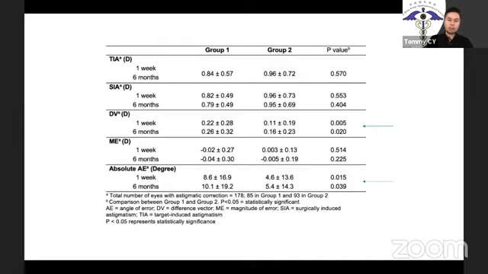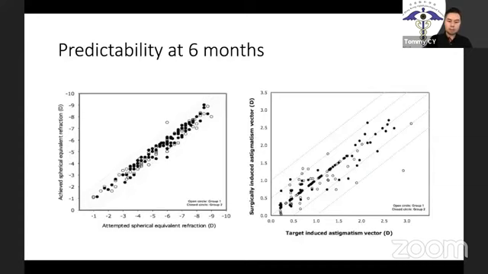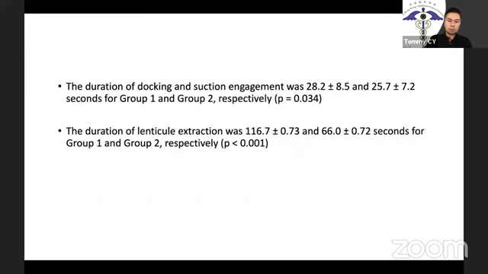So when we compare group 1 and group 2, the difference vector and the angle of error were significantly lower in group 2, which were the later 100 patients. This is the graph. The duration of docking and suction engagement was also different between the groups. You can see the treatment duration was shorter for group 2.